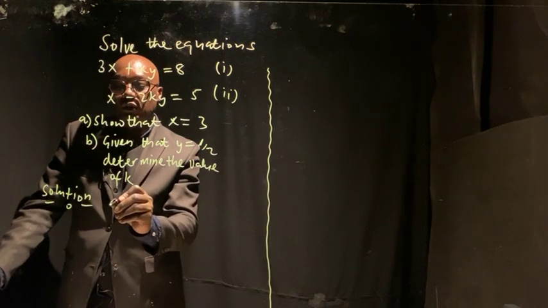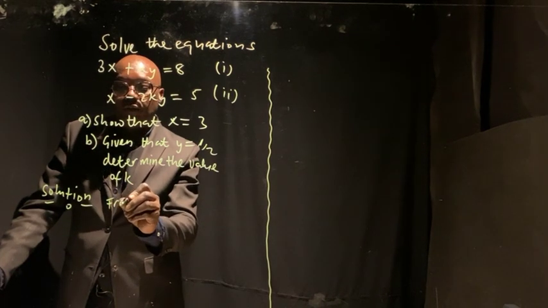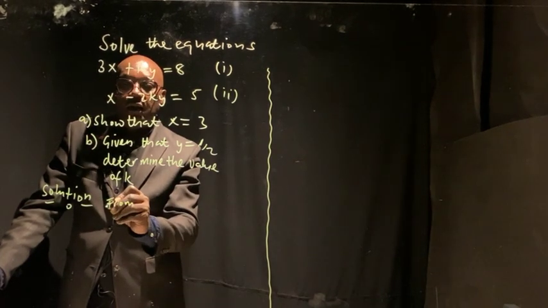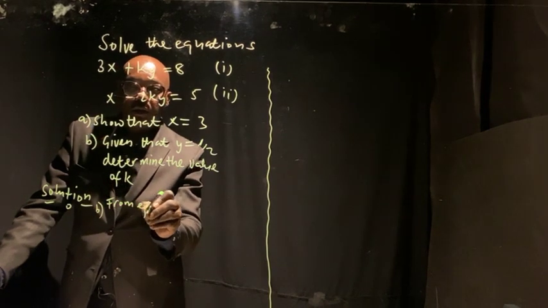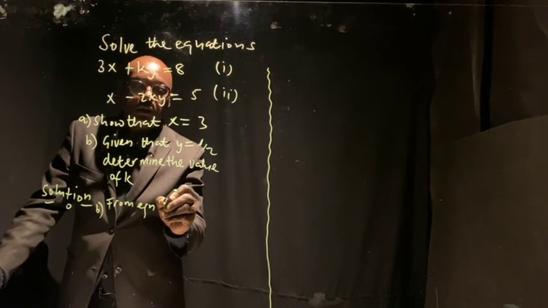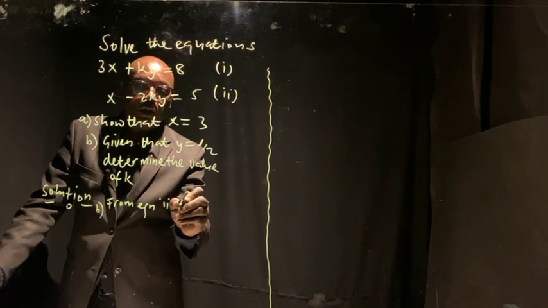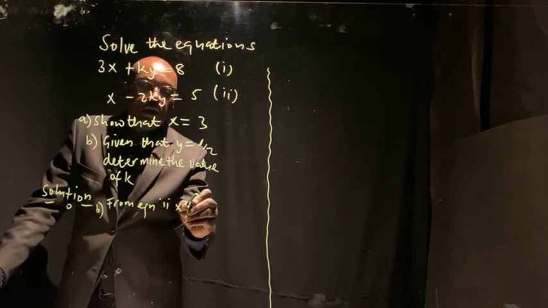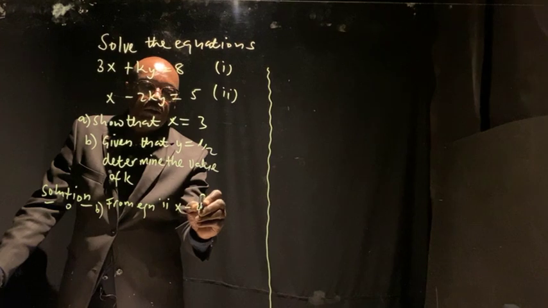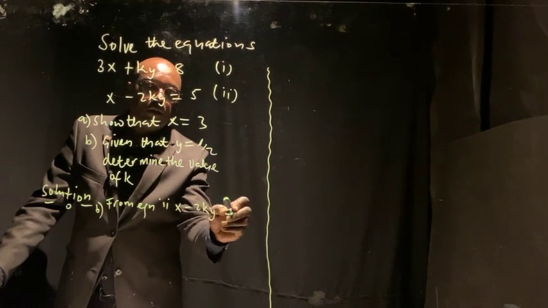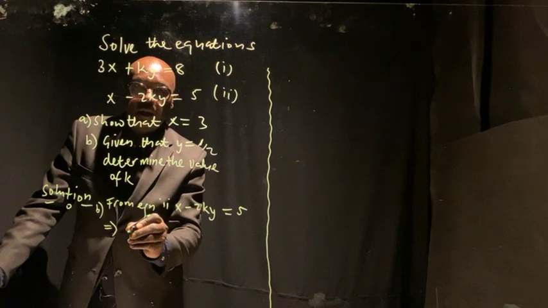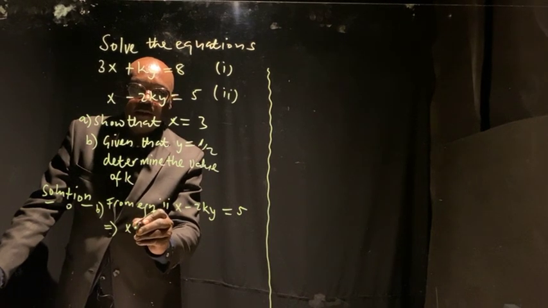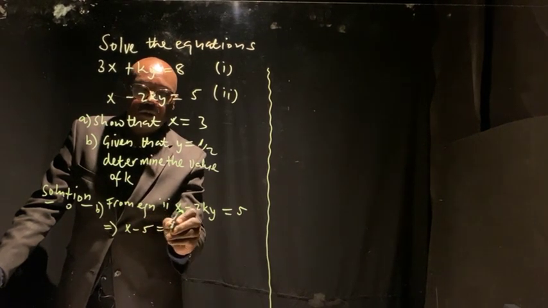From equation 2, we are considering the x part. From equation 2, x minus 2ky equals 5. Then we have x minus 5 equals 2ky.